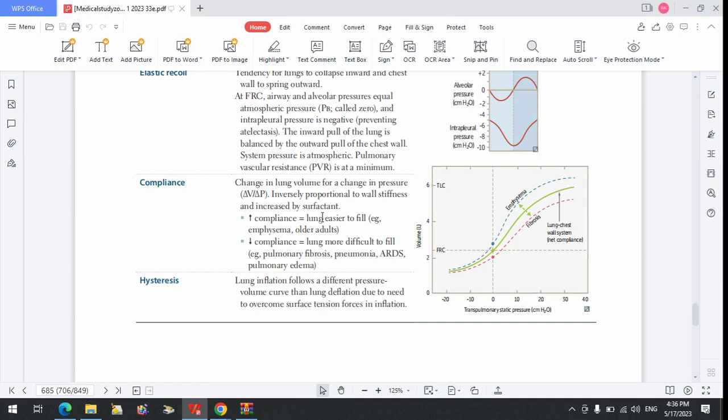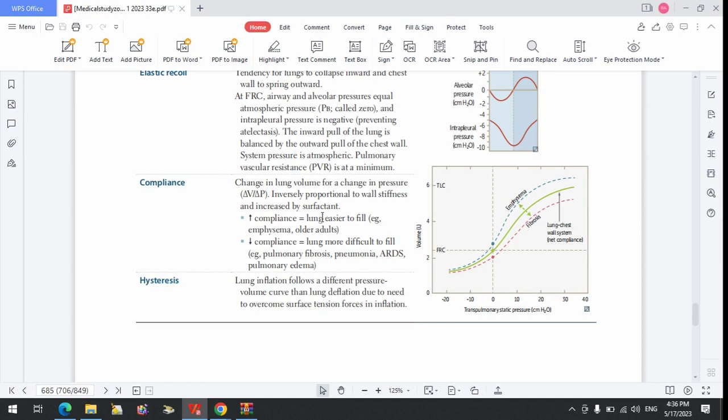No. Surfactant will not increase elastic recoil, because surfactant reduces surface tension, and surface tension is more like the same thing as elastic recoil. Both of them are coming inwards. They try to bring it inwards. So if you reduce surface tension, you are reducing the elastic recoil.